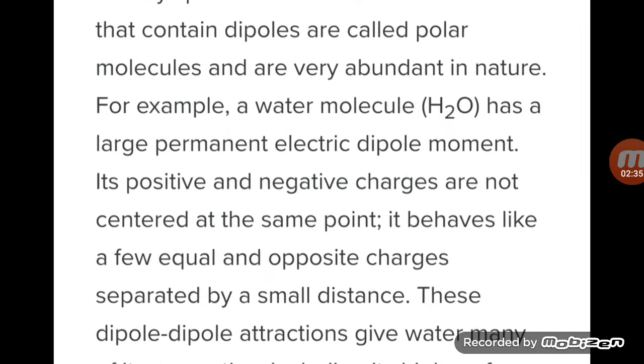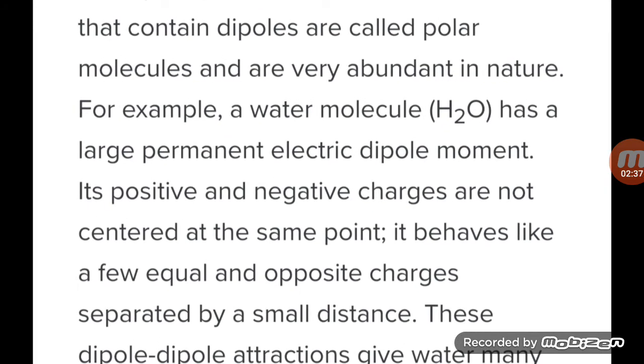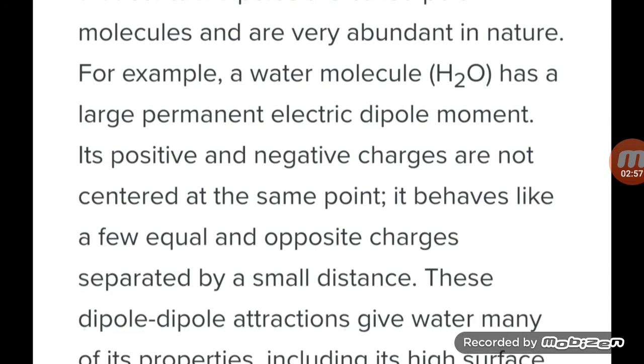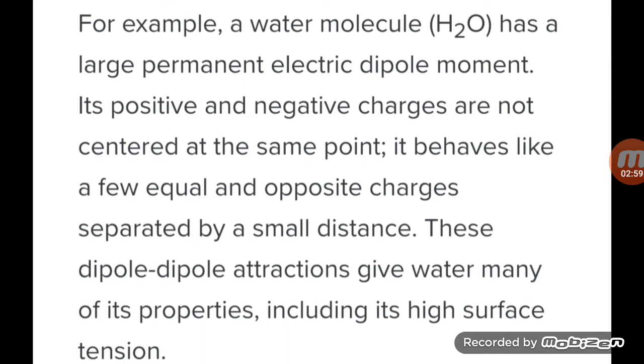The molecules that contain a dipole are called polar molecules. Water is very polar in nature. You might have learned before this video that water is polar and polar dissolves in polar. Polar molecules always have some dipole because they have differences in electronegativities. Water has a large permanent electrical dipole.